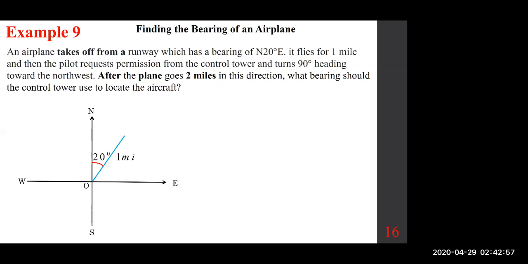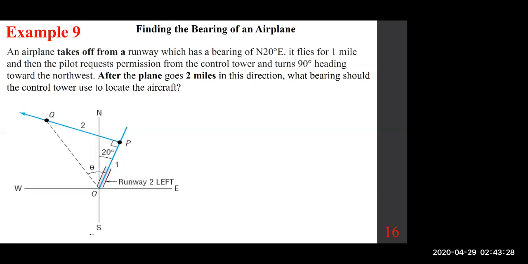Then what happens? Then the pilot requests permission from the control tower and turns 90 degrees heading towards the northwest. That would be the direction now, northwest, with a 90-degree angle. So this is how it looks. Let me just go back.